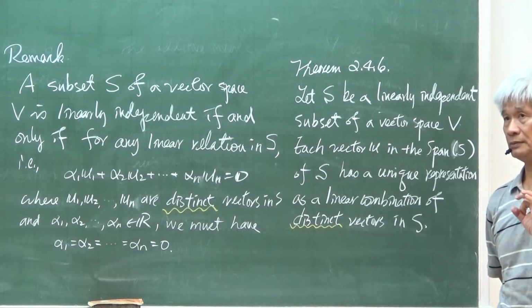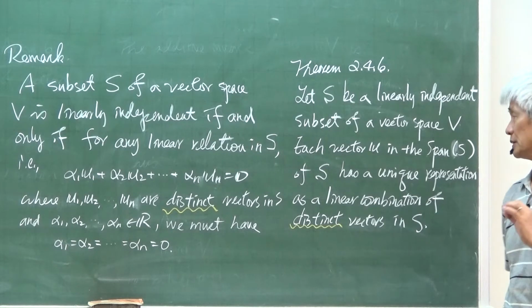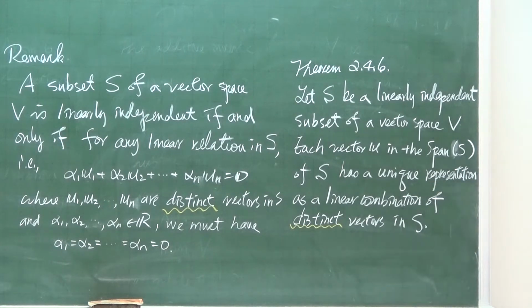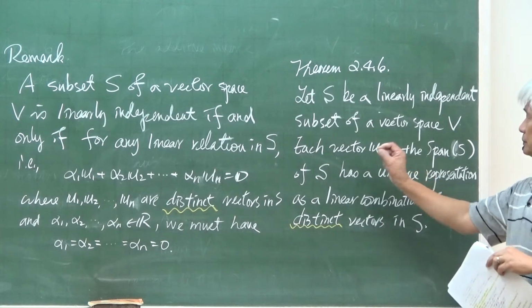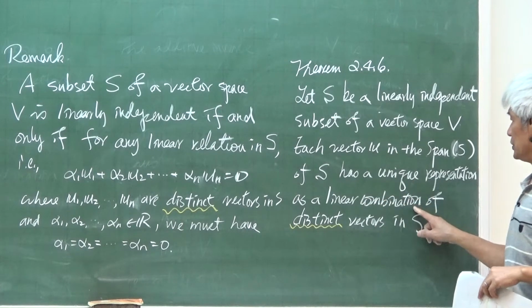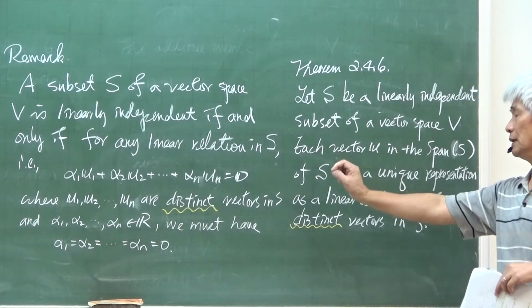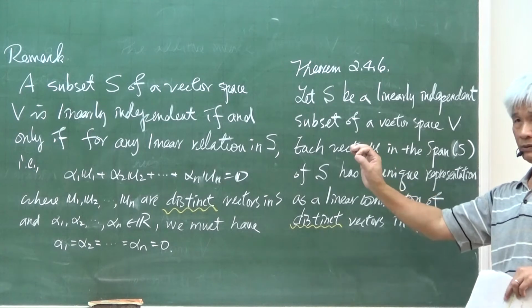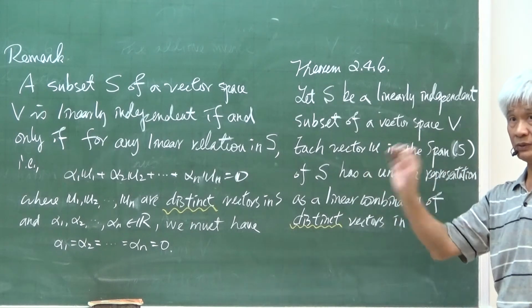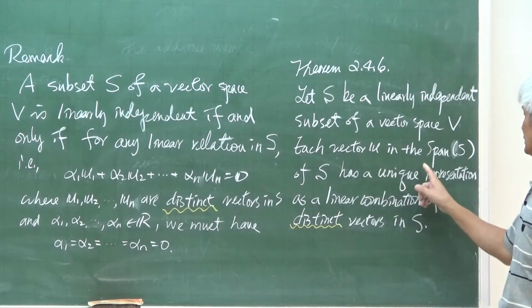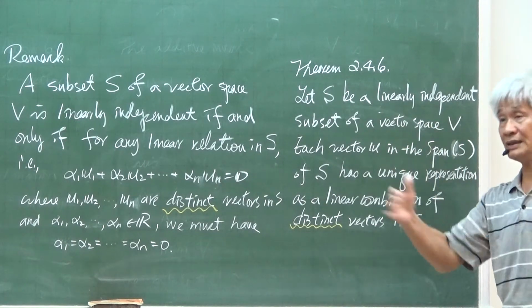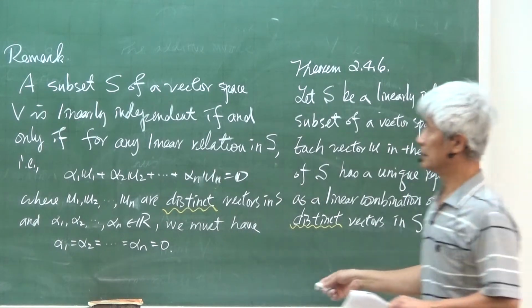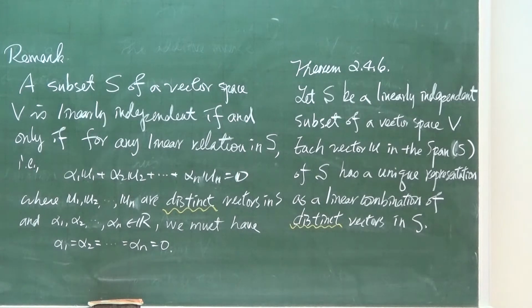It's impossible. This is called a unique representation. Once you write down a linear combination of distinct vectors in X, this vector must be unique. No other vector in the span can take the same form. So let me prove that.